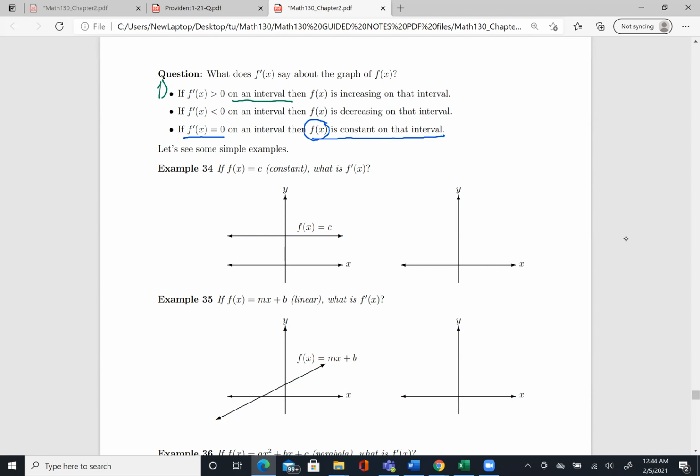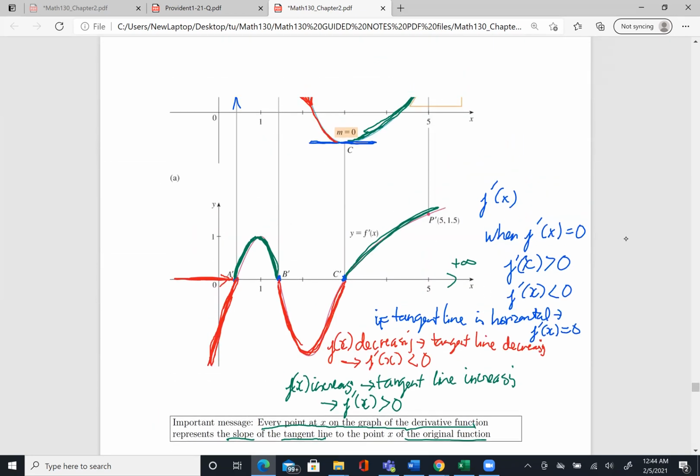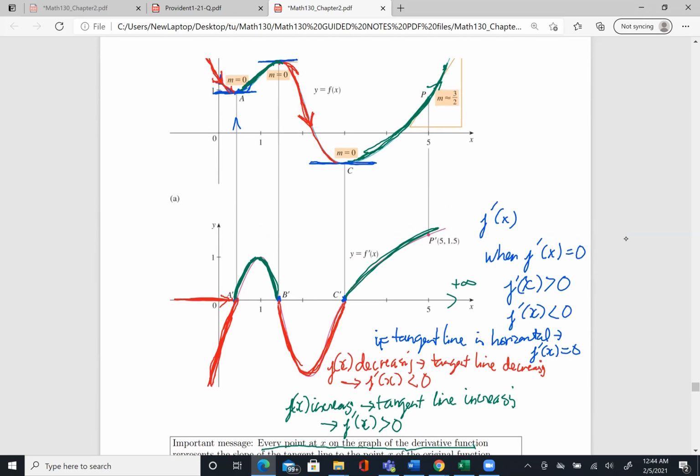And secondly, if f'(x) is less than 0 on an interval, then f(x) is decreasing on that interval. Okay, so let's go back. If f'(x) over here is positive on the interval from a to b, then f(x) is increasing from a to b.